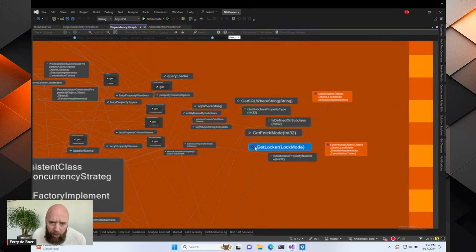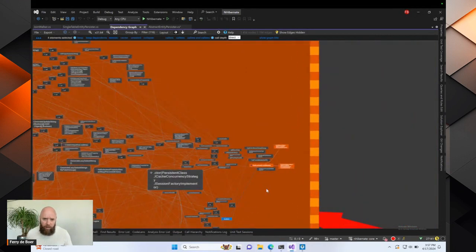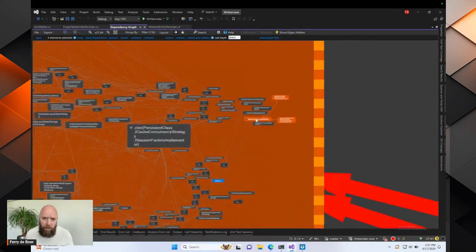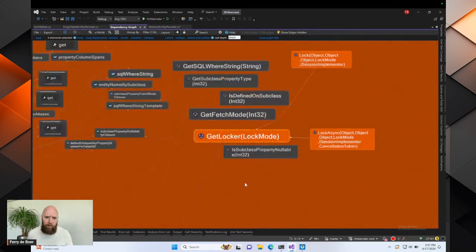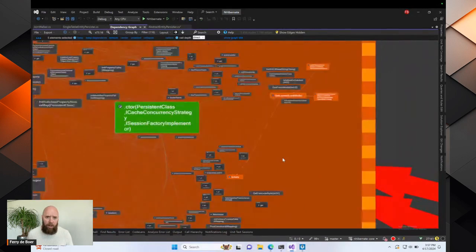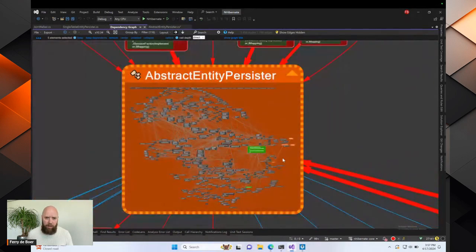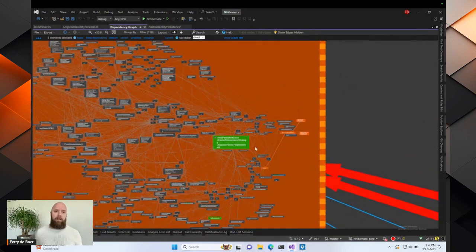Anyway, I don't think I can get to 10, because here you see actually that there is a relationship which then ties into the lockers, which then also have other dependencies. So it doesn't really visualize distinct graphs.